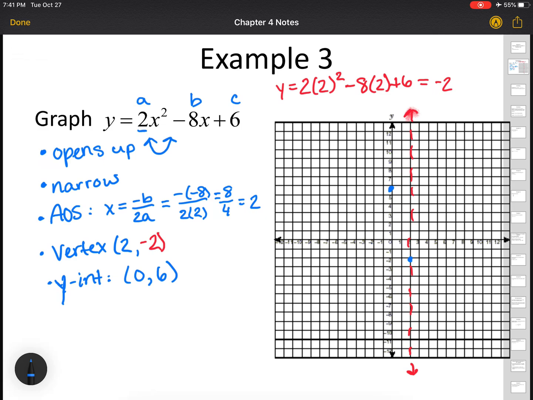My y-intercept was 2 units away from that axis of symmetry line, so I'm going to go 2 more units to the right of the axis of symmetry line, and that point will be 4, 6. All I need to do now is connect them with my smooth curve and make sure it agrees with the characteristics I thought it was going to have. It's opening up, that's good, and it's more narrow, that's good, and I have all my points plotted where they needed to be.